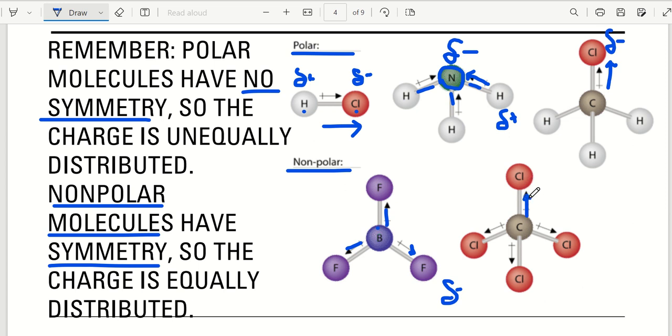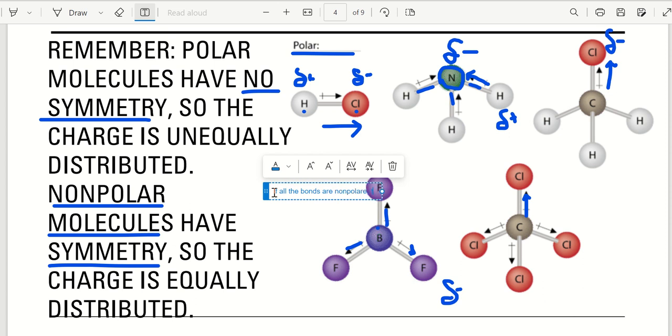Polar bonds, non-polar molecule. Now, tip: if all the bonds are non-polar, the molecule is non-polar. The only reason that a molecule could be polar is if it had some polar bonds, all right?